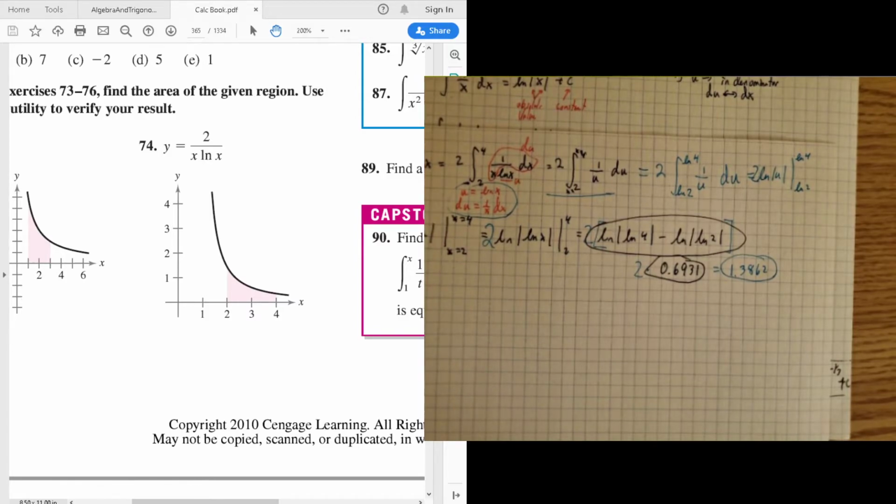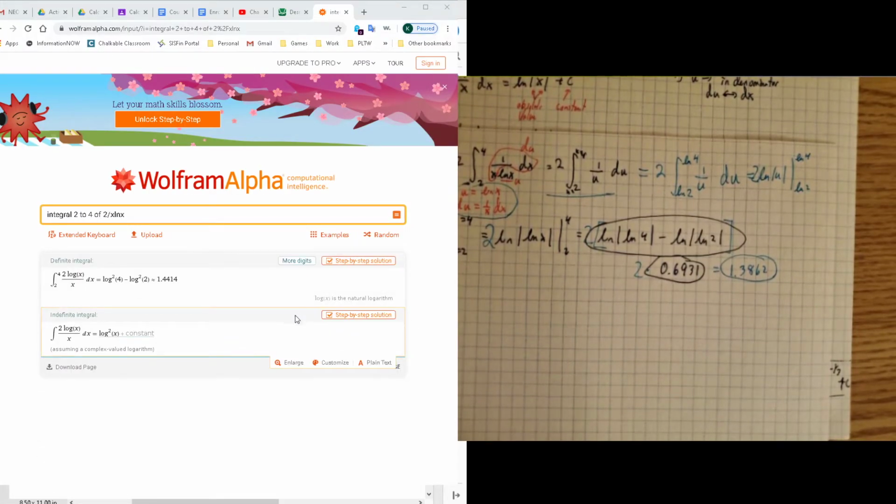And if I do my graphing utility, I should get the exact same result. And to do that, I'm going to use Wolfram Alpha. So I go to my computer. So here's my Wolfram Alpha.